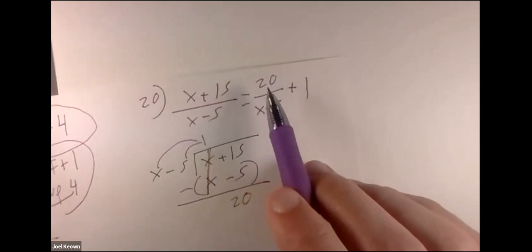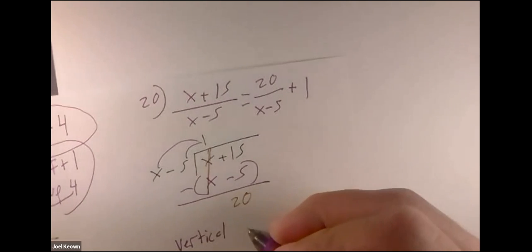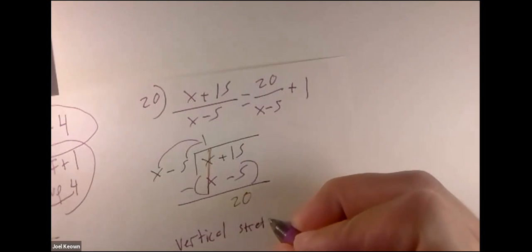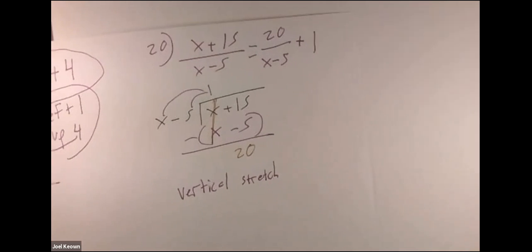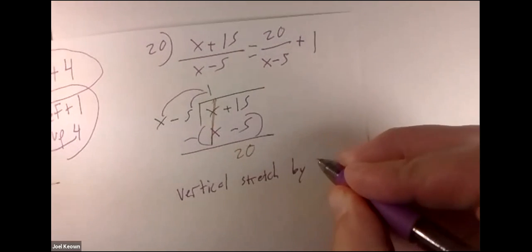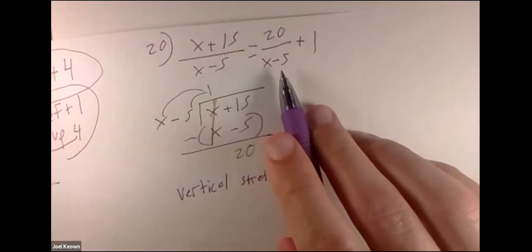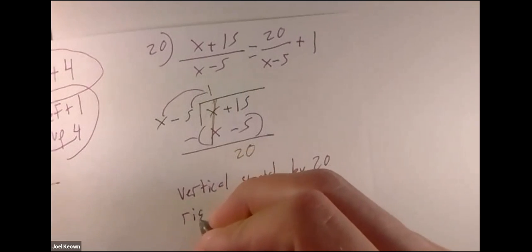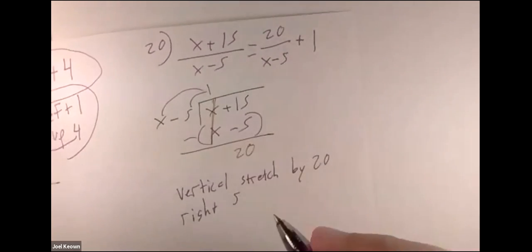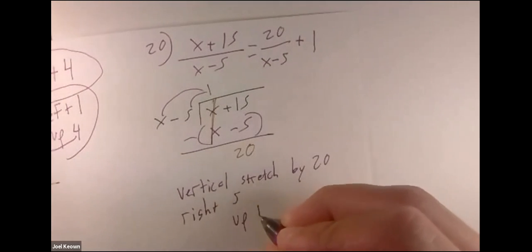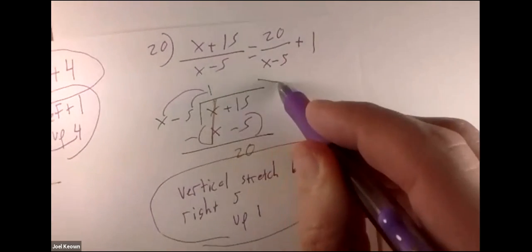So that 20 says vertical stretch. Pick it up so you can see. Vertical stretch by 20. That minus 5 right there, so right 5. And that plus 1, up 1. Okay.